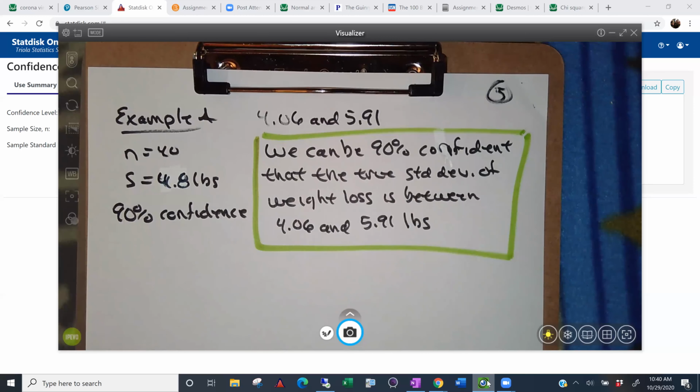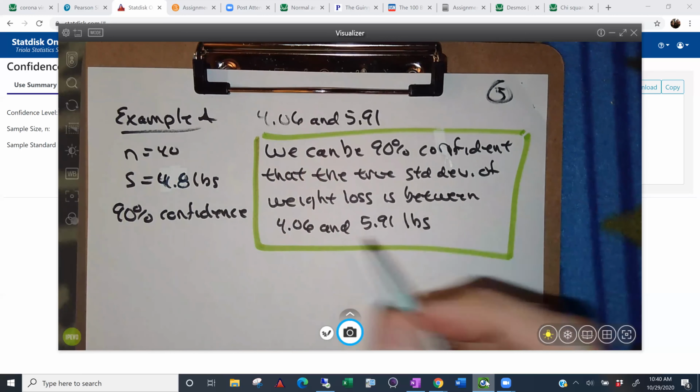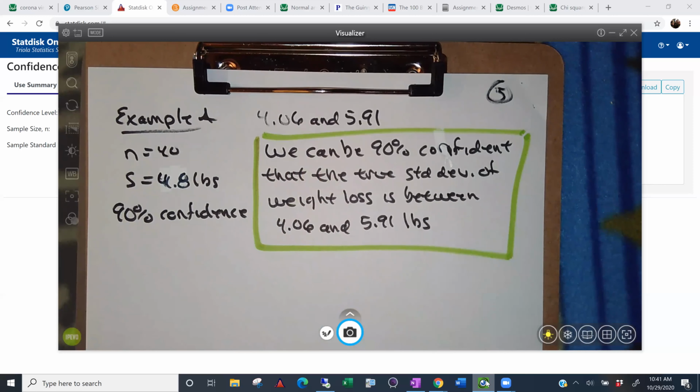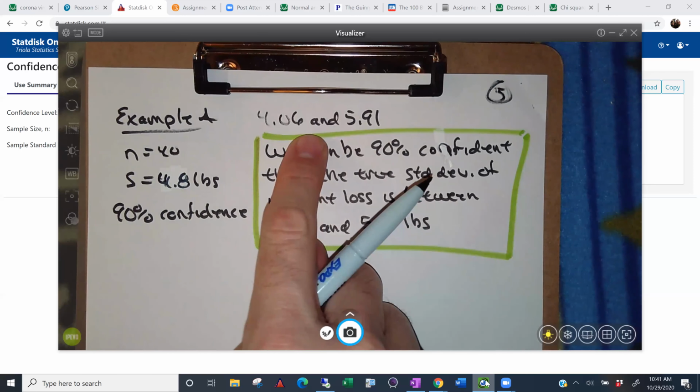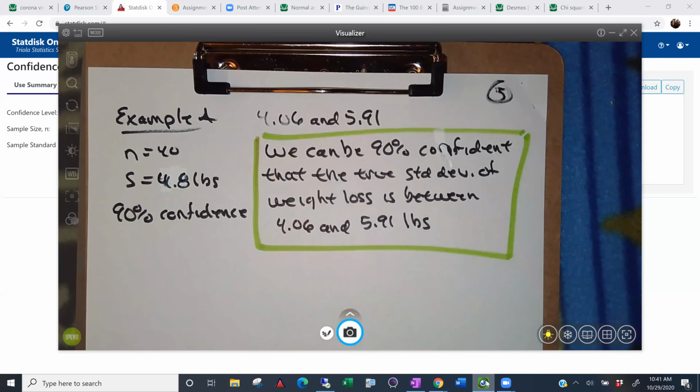Now, there was a follow-up question to this, and it was, does this confidence interval tell us anything about the effectiveness of the diet? What do you think? Carly, does this confidence interval tell us anything about the effectiveness of the diet? I'm not sure. Well, the standard deviation talks about the spread of the data, right?